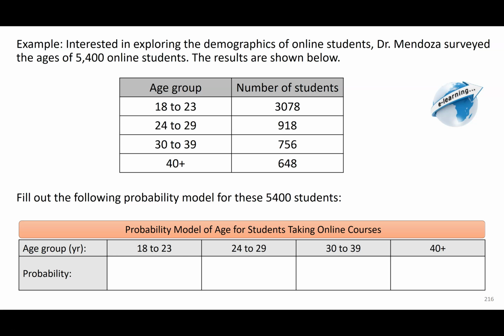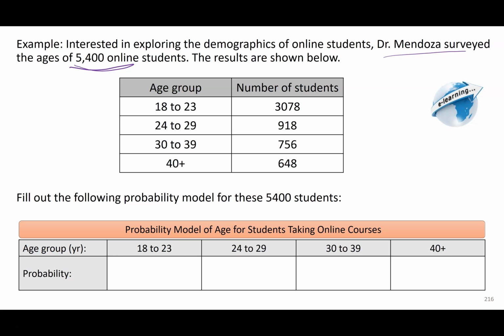So for example, they're looking at the demographics, specifically age demographics of online students. So we have Dr. Mendoza, they go ahead, they survey 5,400 online students. That's a handful. I'm not sure how that compares to Oregon State's, especially lately.